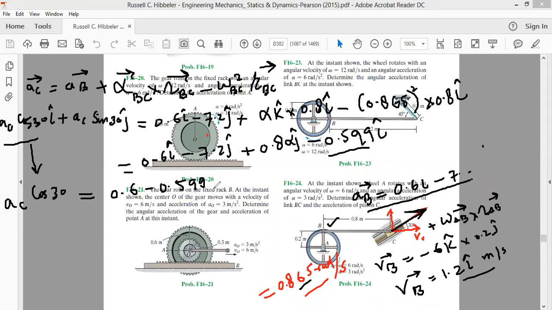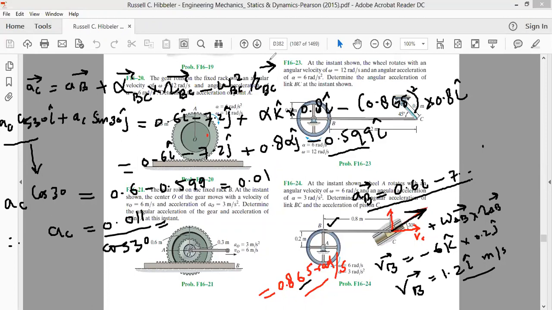Both are along the x-axis. So AC cos 30 is equal to 0.6 minus 0.559, which is equal to 0.01.